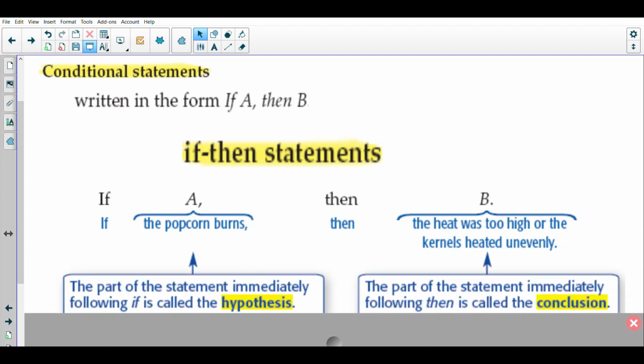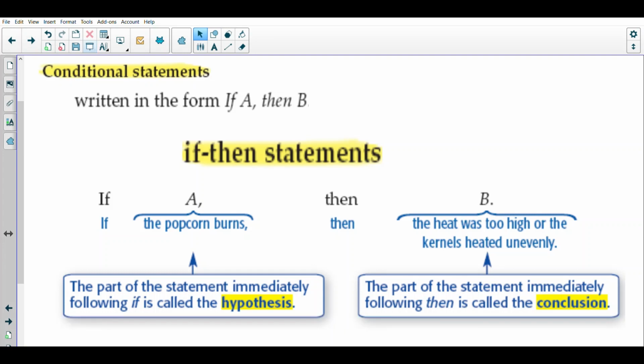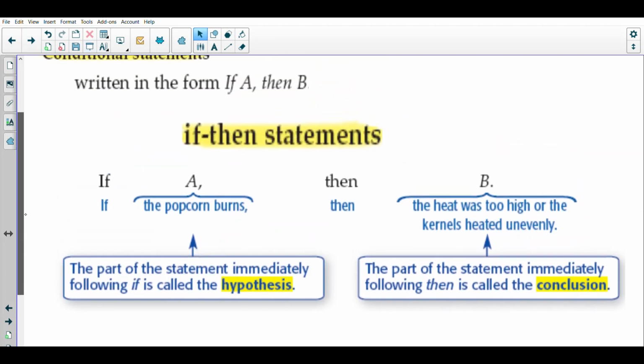The part after the word if is called the hypothesis. If is not a part of the hypothesis, it's just the identifier. The part after the word then is called the conclusion. So if whatever the hypothesis, then the conclusion. So we're looking at if-then statements, if this, then that.